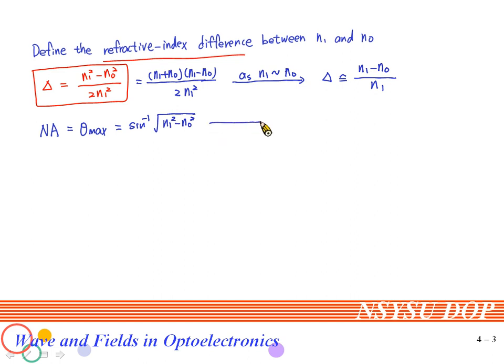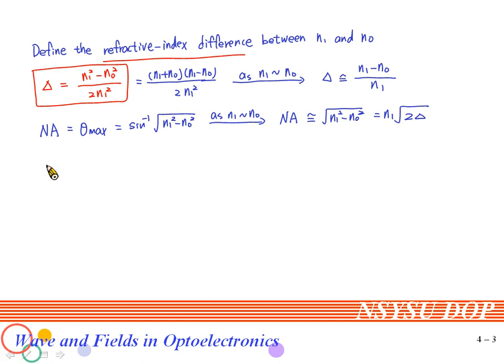And as N1 is almost the same as N0, we can rewrite NA. NA is approximately square root of N1 square minus N0 square, and it can be expressed as N1 times square root of 2 delta.